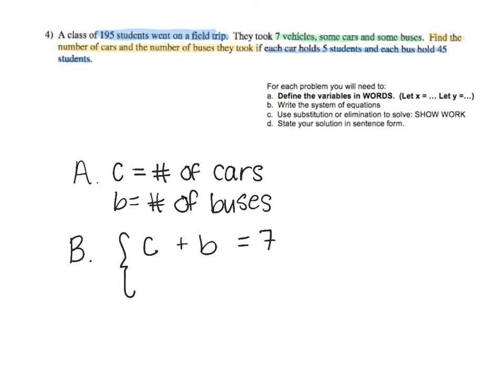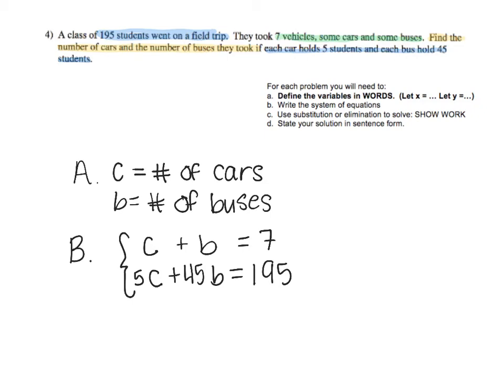It says they took 195 students total. Each car held 5 students and each bus held 45 students. So if they took 195 students total, I need 5 students times the number of cars plus 45 times the number of buses, B.